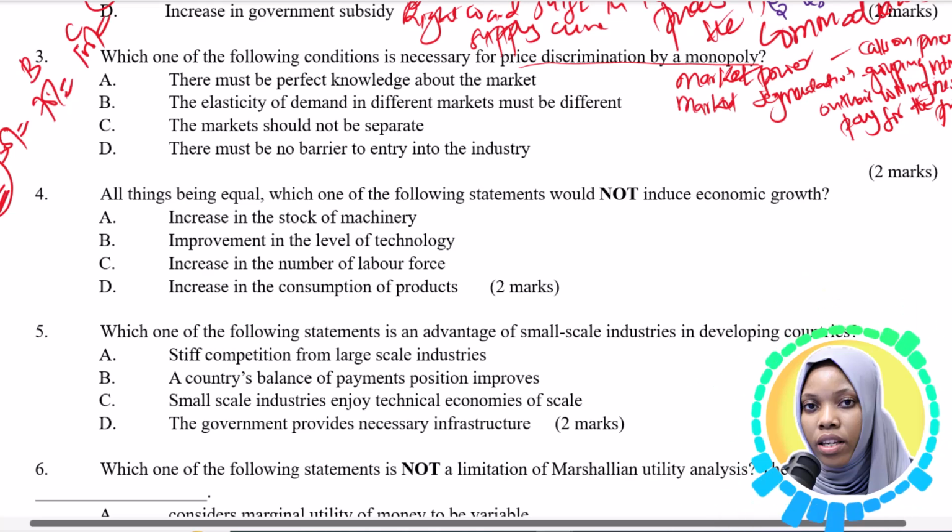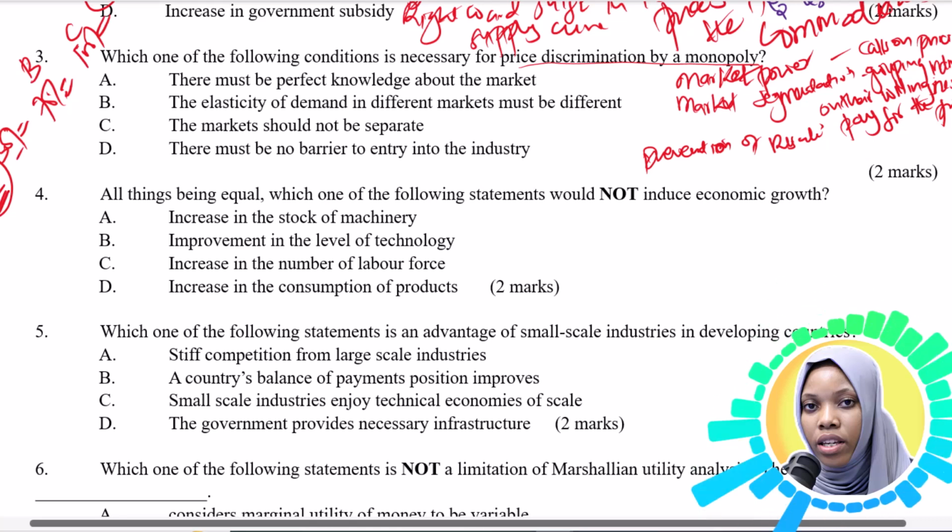And then the market should not be separate. Another condition is prevention of resale. That is, monopolists must be able to prevent or limit resale between consumer groups.